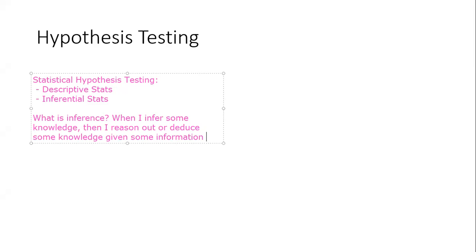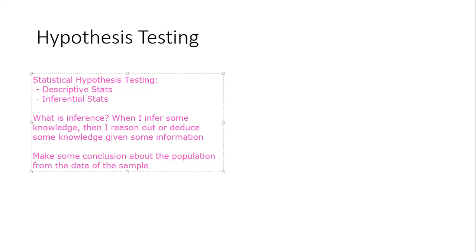Like we give a very childish example: all men are mortal. So Ahmad is a man, so Ahmad is mortal. So I reason out that Ahmad is mortal. That's called inference. But in the case of statistics, what it means is to make some conclusion about the population from the data of the sample.